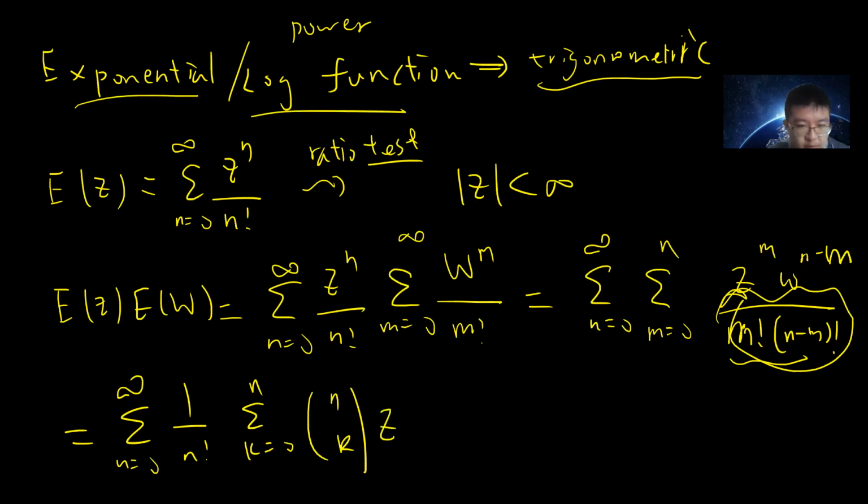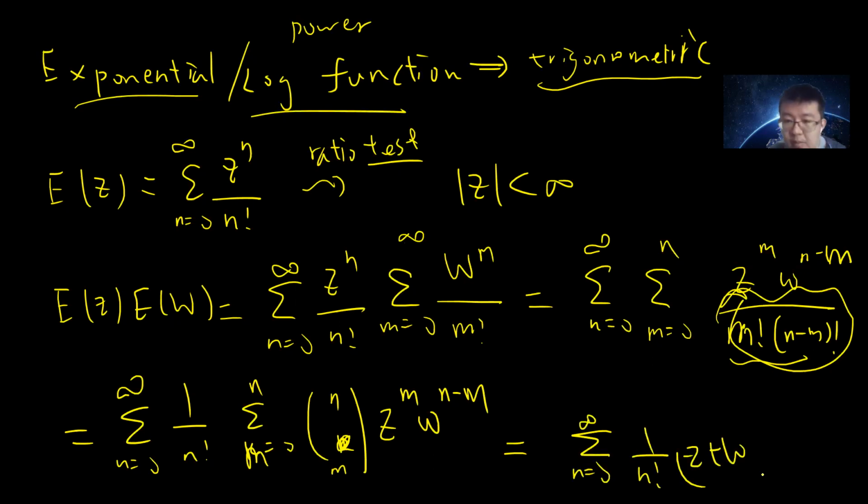Let's say we change k, which you can change using n from 0 to n, z^m w^(n minus m). So you can easily see it's just this. Only this step is non-trivial. Then you use the binomial coefficient and pull out this, you get this, and then you get this.